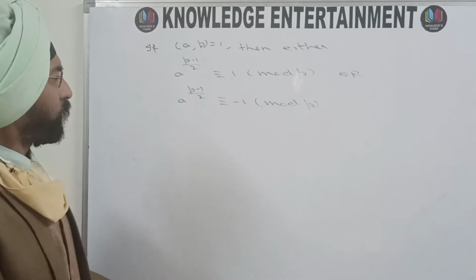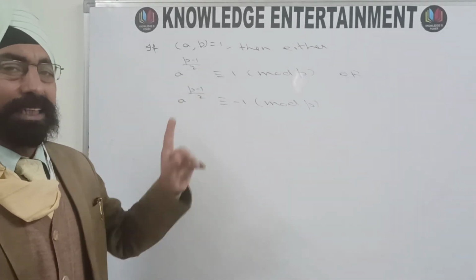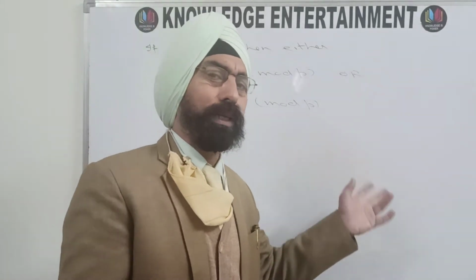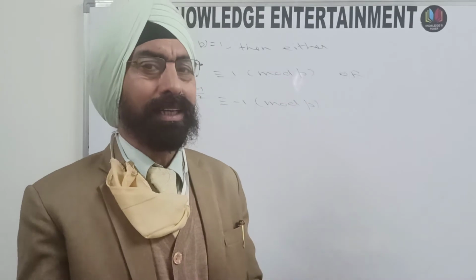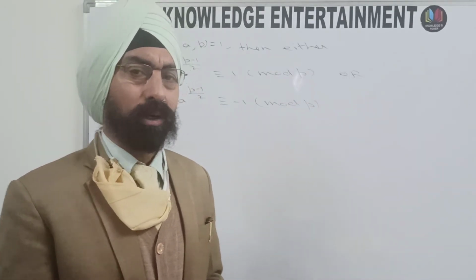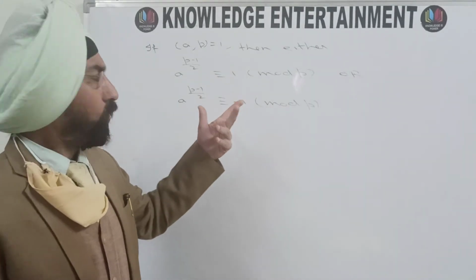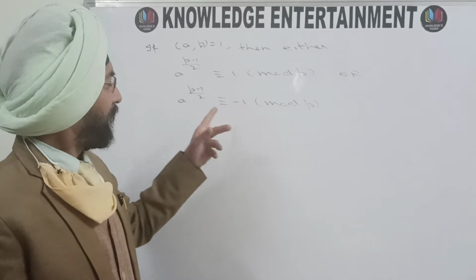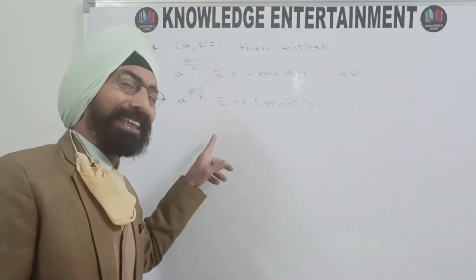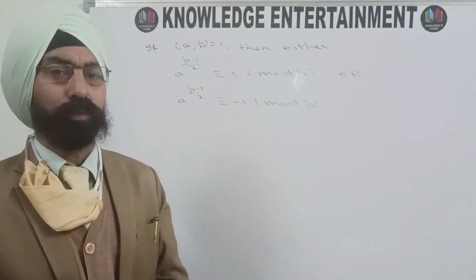And definitely we know that if this is true, then it is a quadratic residue modulo p, since the previous theorem gives that a is a quadratic residue if and only if a^((p-1)/2) is congruent to 1 modulo p. So the condition left is that if a raised to the power (p minus 1) by 2 is congruent to minus 1 modulo p, in that case a will be a quadratic non-residue modulo p.